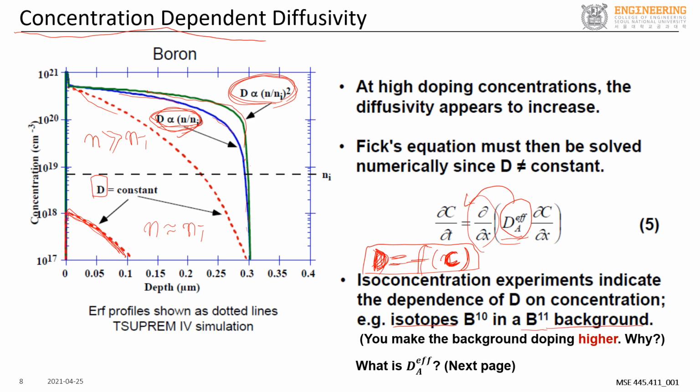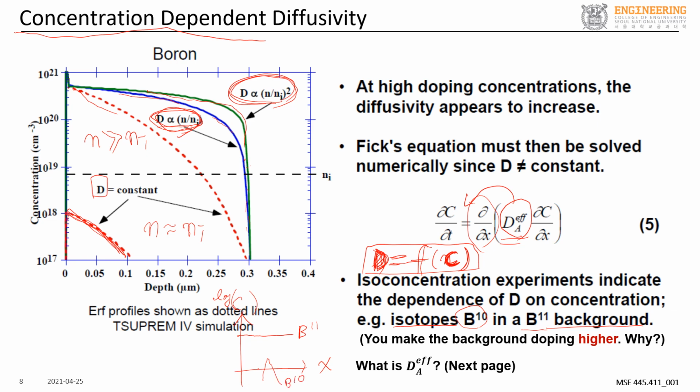Let's say this is X and this is concentration C, and your background is flat. This is the B11 background doping concentration. And for B10, you maybe ion implant a small amount. This is a log scale, and maybe it's like here. This is for B10.